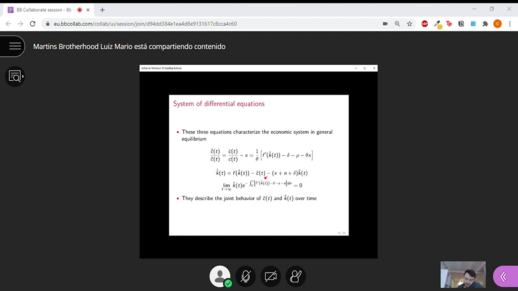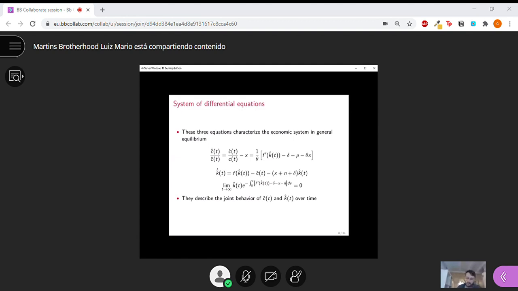And we also have consumption here that depends on capital. So this is a system of differential equations because the derivative of a variable with respect to time depends on the variable itself. And it also depends on consumption that depends on the variable that is capital.